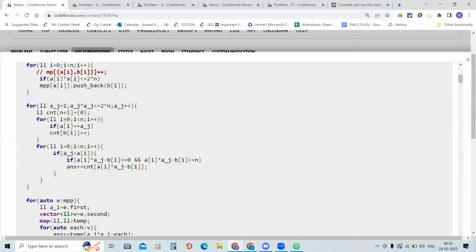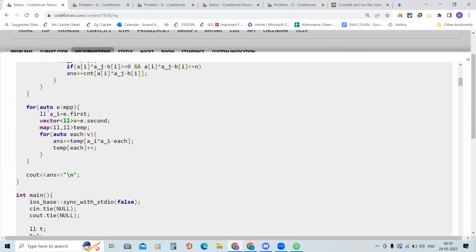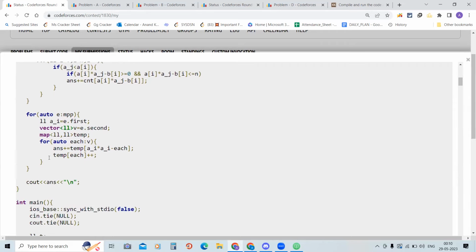So that's why now map is replaced by a linear array called count. If this is basically BJ, if BJ is within 0 to n, you add the count of this. And part 2 is same as the previous one, so there is no change in this.